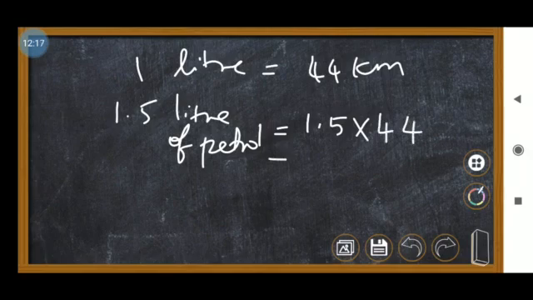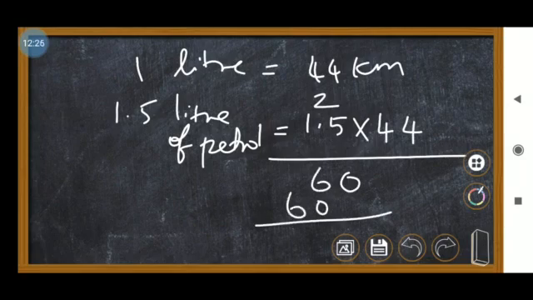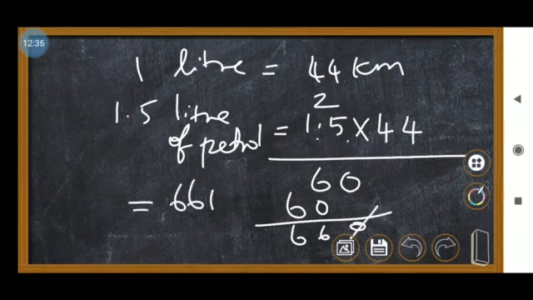Just multiply these values. 5 4s are 20, 1 4 is 4, 2, 6, and the same way here 0, 6, 6. There is one digit after the decimal point, so we can cancel the 0. So it can go 66 kilometers. Okay, so the answer is 66 kilometers.